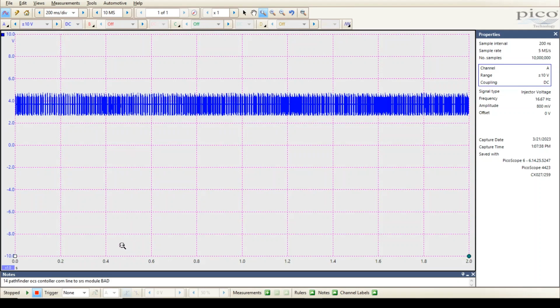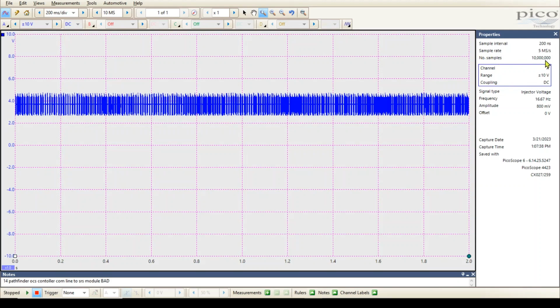So what I did is, because I did not know how fast this signal was, I went ahead and I loaded this scope for bear, meaning I've got 200 milliseconds per division, which means I have a 2-second screen. When it starts this trace, there's 2 seconds on my screen. I'm asking for 10 million samples. So this is my calculator over here.